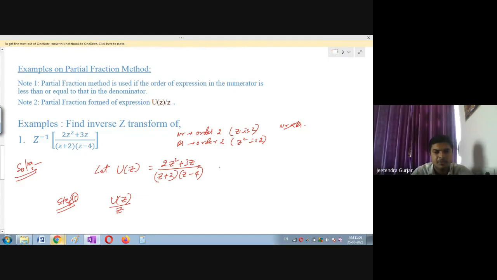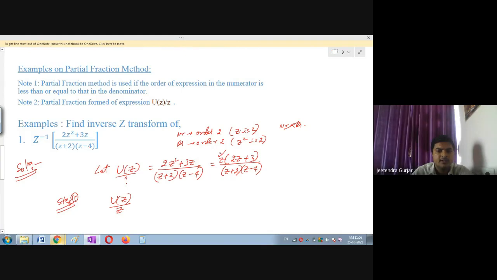So first I will simplify this. This is equal to, I will take z common from the numerator, so this will be 2z plus 3, students, divided by (z plus 2) and (z minus 4). Is it clear? So that z, I will take in the denominator.